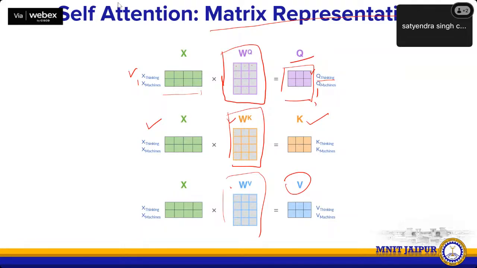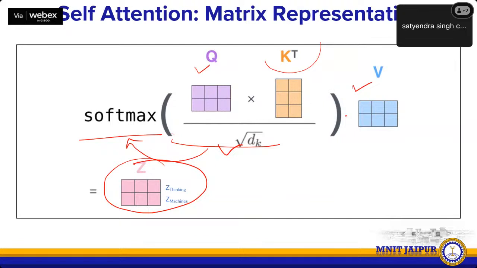By doing so, the weights of these matrices can be learned during the training time, and during the training, these are adjusted so that once the training is over, this query is relevant to this embedding, this key is relevant to this embedding, and also the value is relevant to this embedding.